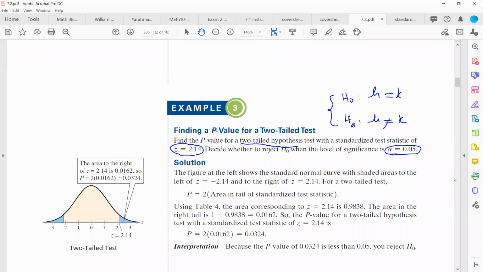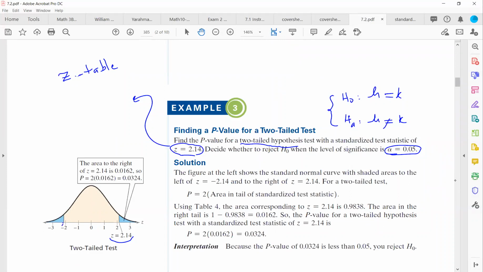Again, you have to use your z-table, or you can use your calculator to find this little area on the left-hand side. So since z is equal to 2.14, and you know that you have a two-tailed graph, because of symmetry, you get the exact same digit with a different sign, opposite signs.